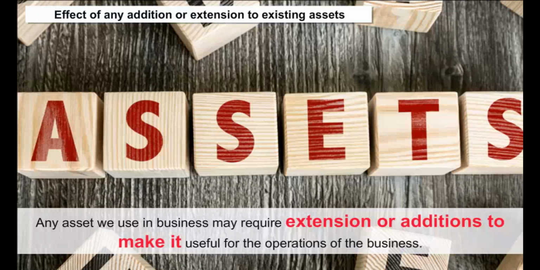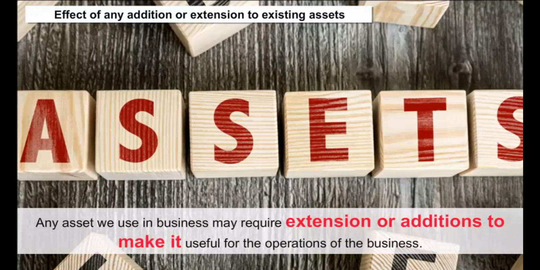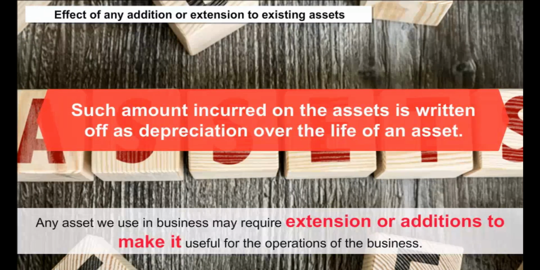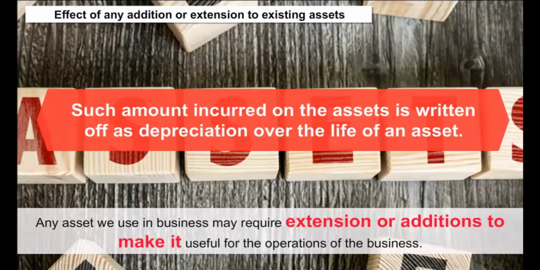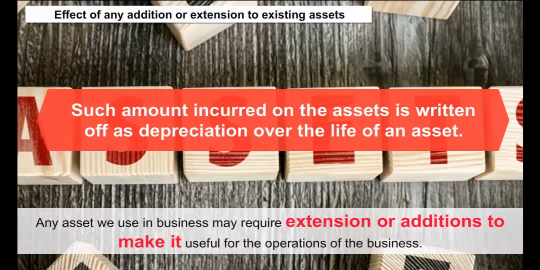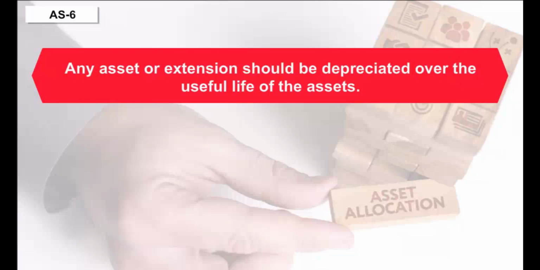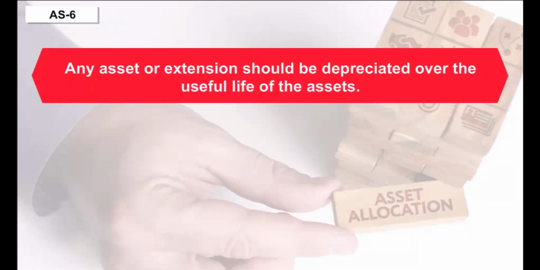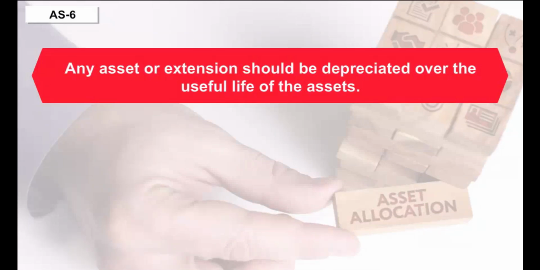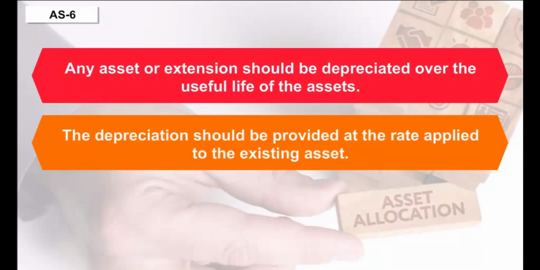AS6 mentions that any asset or extension should be depreciated over the useful life of the assets. The depreciation should be provided at the rate applied to the existing asset, where addition or extension of the assets is treated as a separate entity and can be used even after the disposing of the assets.